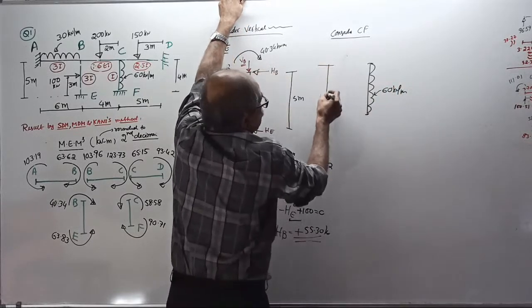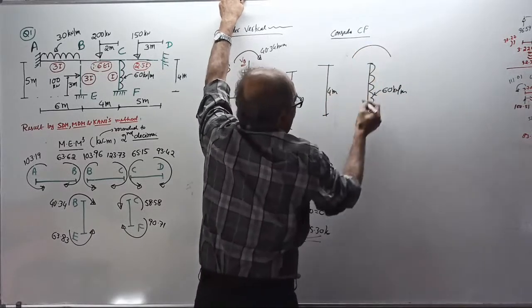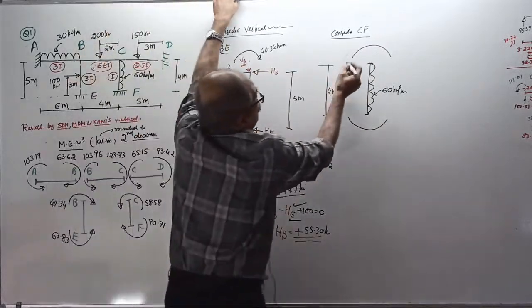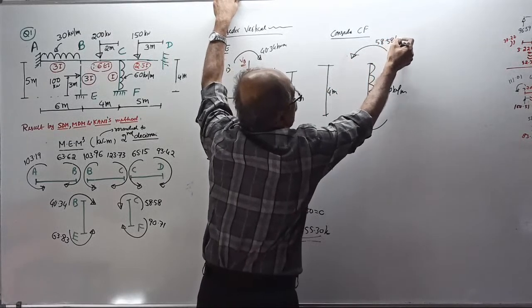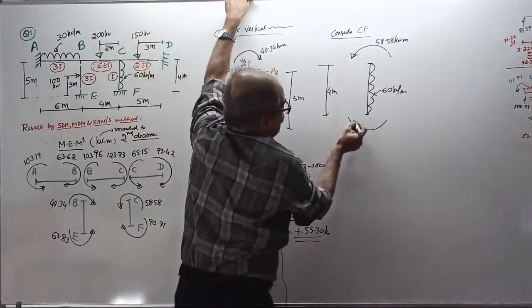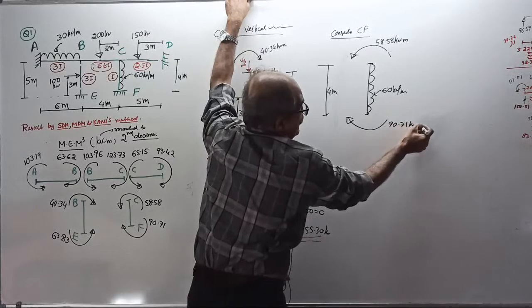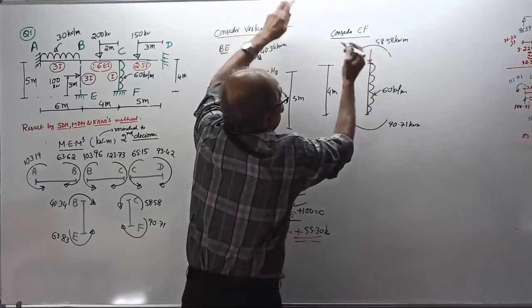The total length of the member is 4 meter. And there is a moment here and a moment here. The top moment is anti-clockwise of 58.58 kilonewton meter and the bottom is clockwise of 90.71 kilonewton meter.